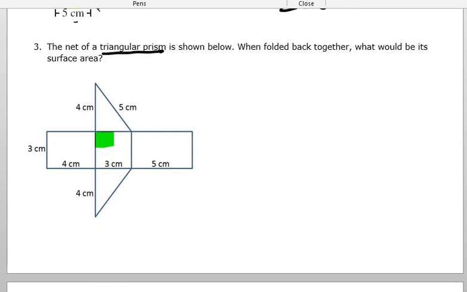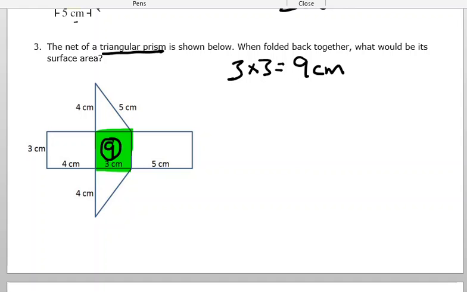Okay, so I have this section right here. I know that this section is 3 centimeters by 3 centimeters, and that is equal to 9 centimeters.